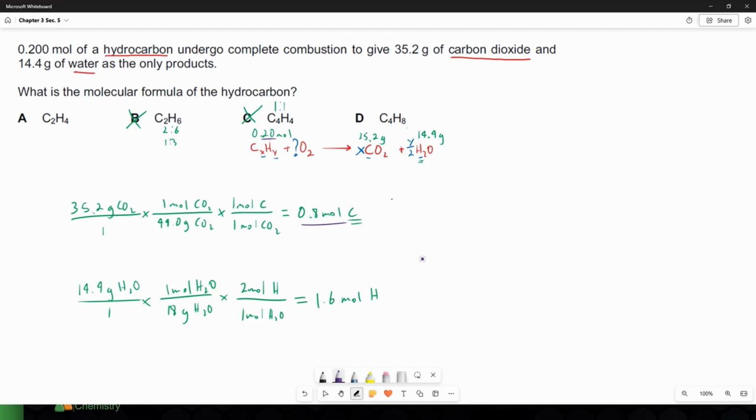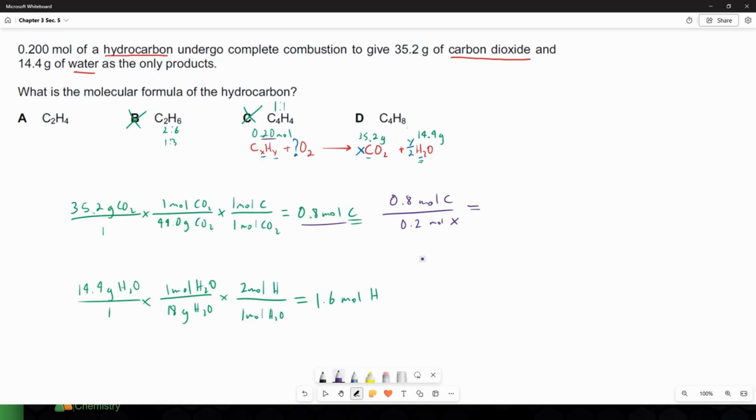It's the same thing that we would do with the molar masses, but now we're using the actual numbers from this problem. So we have here 0.8 moles of carbon to 0.2 moles of the compound, which we'll just call X, because we don't know what this compound is.